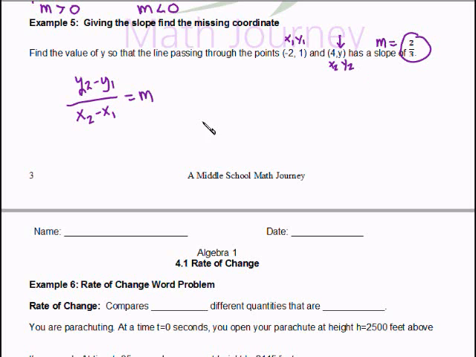And we have everything except for one value, so then we need to solve for that one value. So let's go ahead and plug in our numbers. My y2 coordinate is, I don't know. And my y1 coordinate is 1. Divided by my x2 coordinate, which is 4. Minus my x1 coordinate. I'm going to put in parentheses.